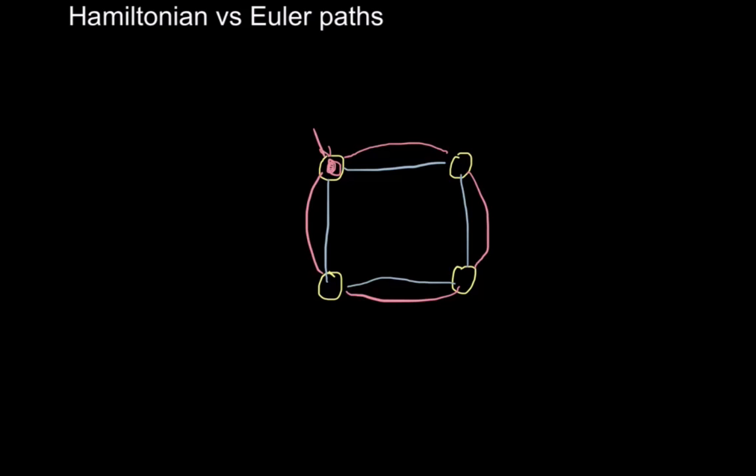So if we start at the same spot, and we start here with this edge, this edge, this edge, and this one, that would be an Euler path. Now in this case, for this type of graph, the Euler path and the Hamiltonian path are the exact same, and that's perfectly fine, and it happens quite a bit.